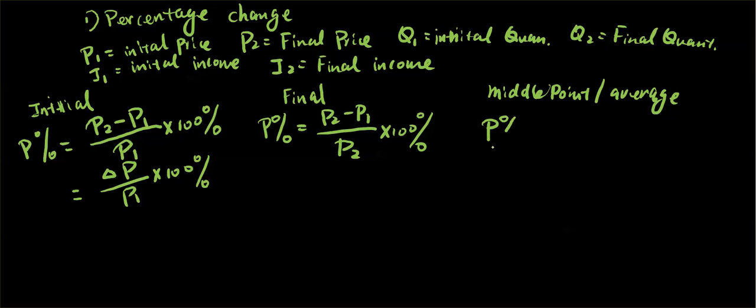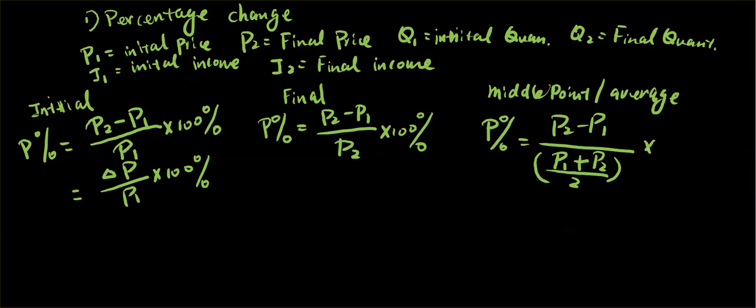The percentage change of the price equals, again, P2 minus P1, that is the price change, divided by the average price. If you have learned some statistics or math, you know the average is obtained by adding P1 to P2 and dividing by 2. So this is the average price, times 100%.